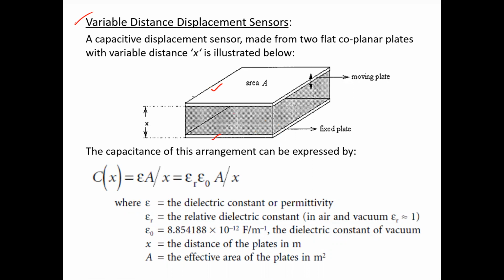For these two plates, the area of overlap will be the same for the entire duration, and the dielectric material will also be the same. However, the upper plate can be moved in the vertical direction so that the distance between the two plates may change.